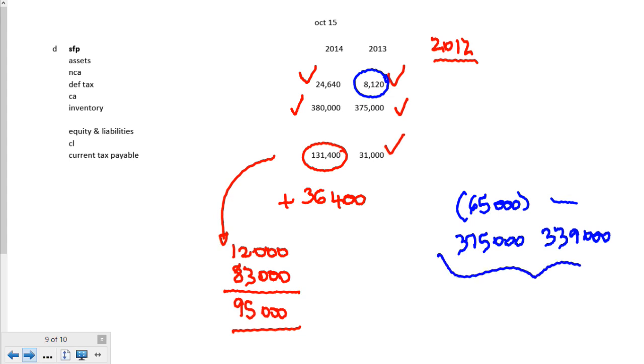Is that right? And guess what? When I do that tax at 28%, I get an asset of 8120. So it had already been done. Everything had already been done. It was just reading numbers off the account and putting them together.